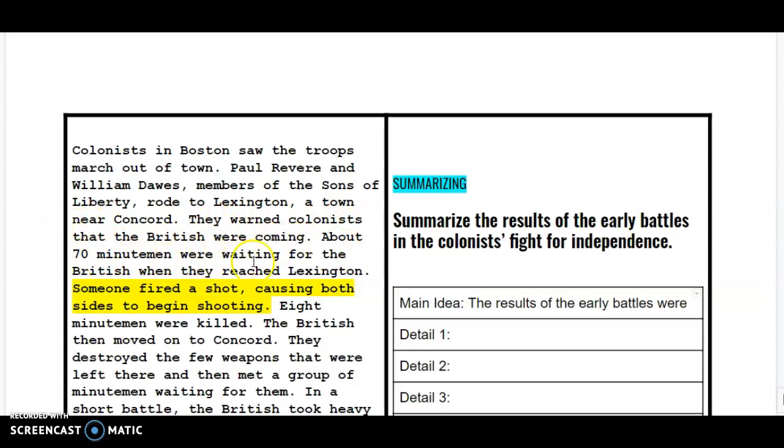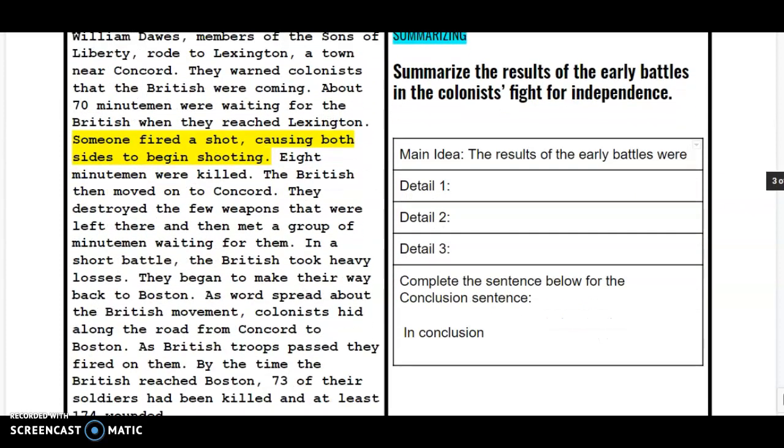About 70 Minutemen were waiting for the British when they reached Lexington. So we got 700 versus 70. When they reached Lexington, someone fired a shot, causing both sides to begin shooting, and then 8 Minutemen were killed. The British then moved on to Concord. So that was the fight at Lexington. So you can say that they lost the fight at Lexington.